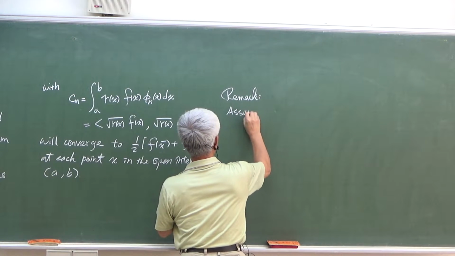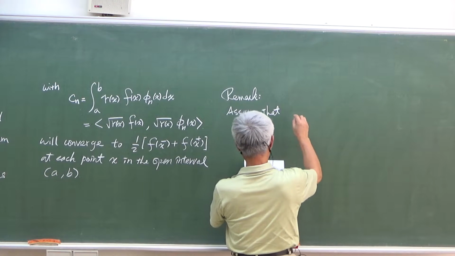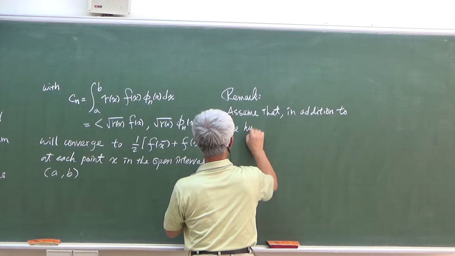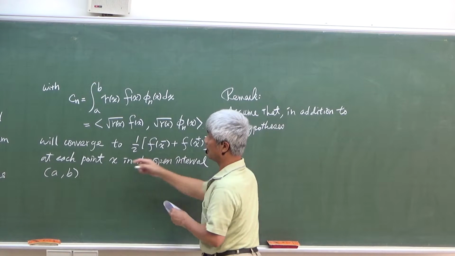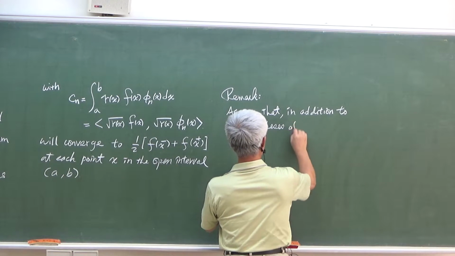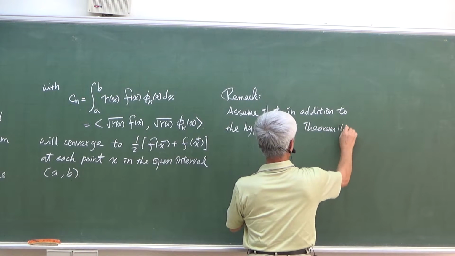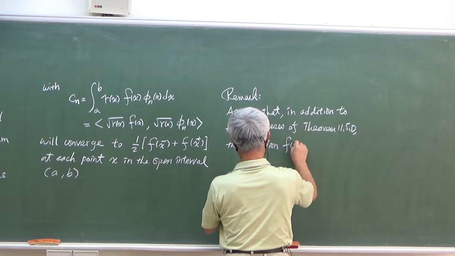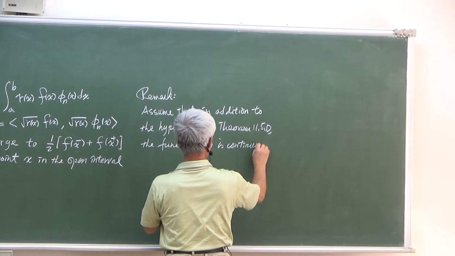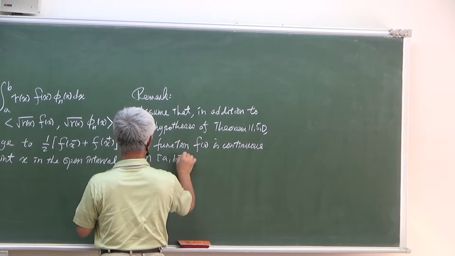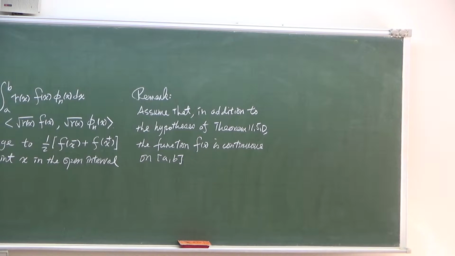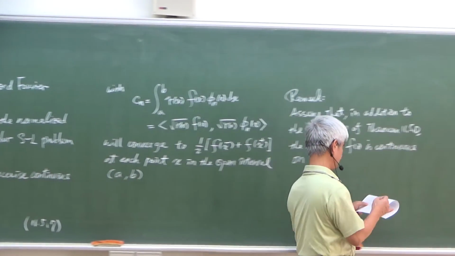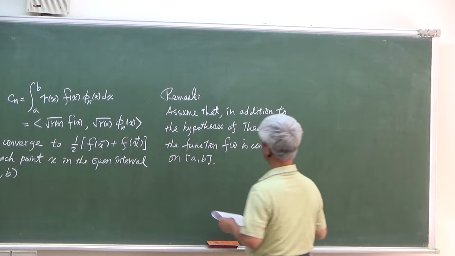We assume, in addition to the hypothesis of theorem 11.5.3, that the function f(x) is continuous on [a, b]. Here f(x) was assumed to be piecewise continuous, but if we have a stronger condition that f(x) is continuous on the closed interval, then we assume continuity.